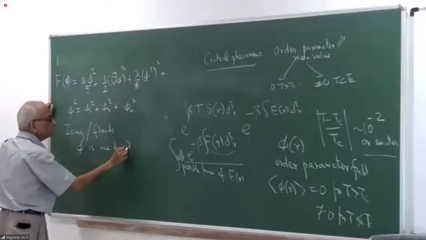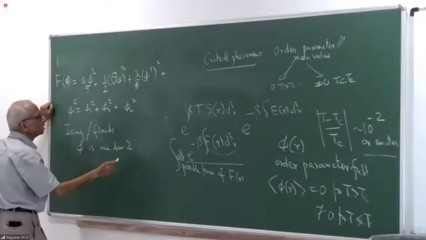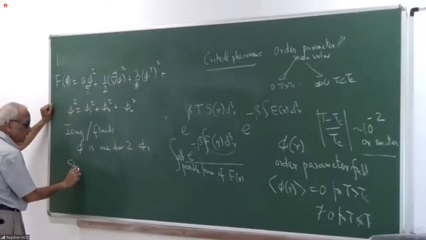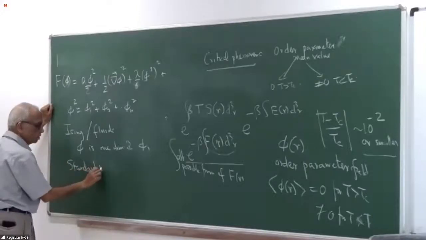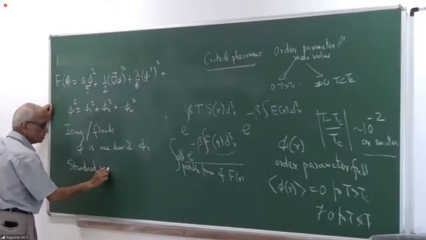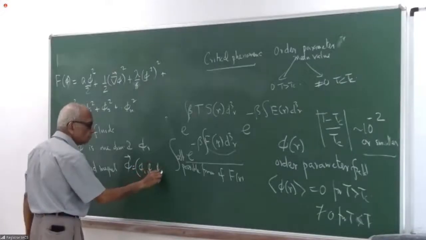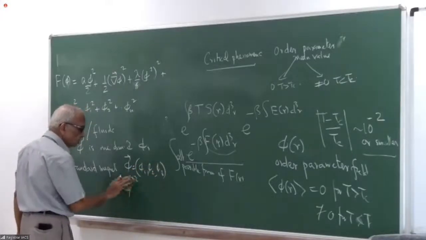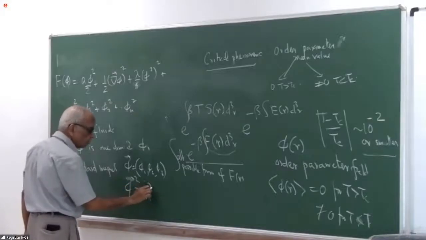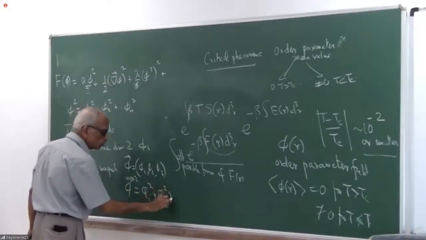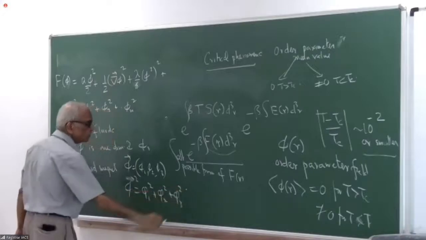And phi is good. But if it is a standard magnet, the Heisenberg magnet as it is called, the magnetization vector can point in any direction, then phi is a standard vector with components phi 1, phi 2 and phi 3, and phi square is equal to phi 1 square plus phi 2 square plus phi 3 square.